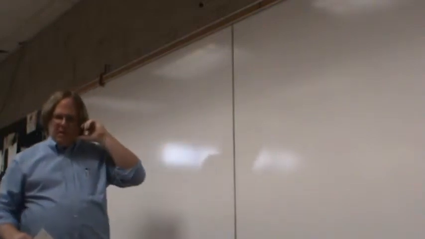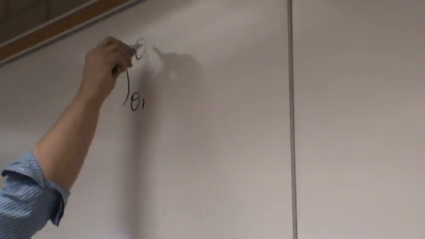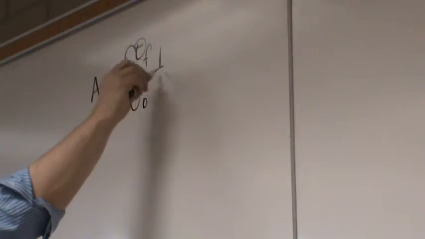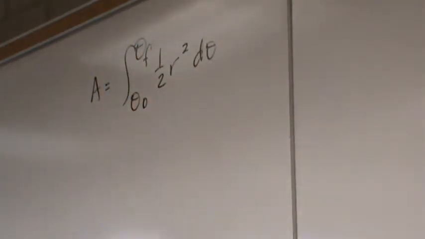Okay, and the equation, I'll even tell you what is going to end up happening. The area is going to end up being the integral from the initial theta to the final theta of 1/2 r squared d theta. That's the formula that you will mindlessly use.